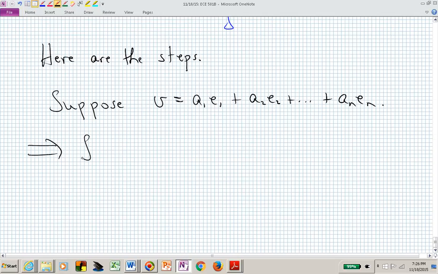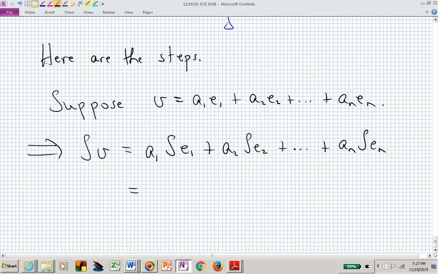Then if we operate on V with S, now we have A1 through AN are just scalars, so let's factor those to the left of the operator S, and we have A1 S E1 plus A sub 2 S E sub 2 plus A sub n S E sub n.